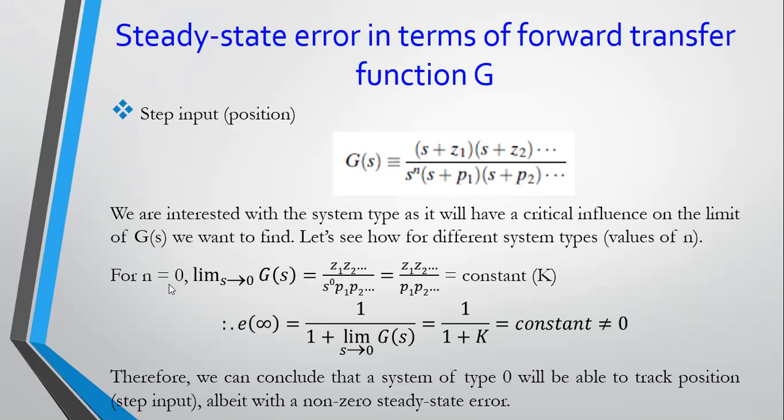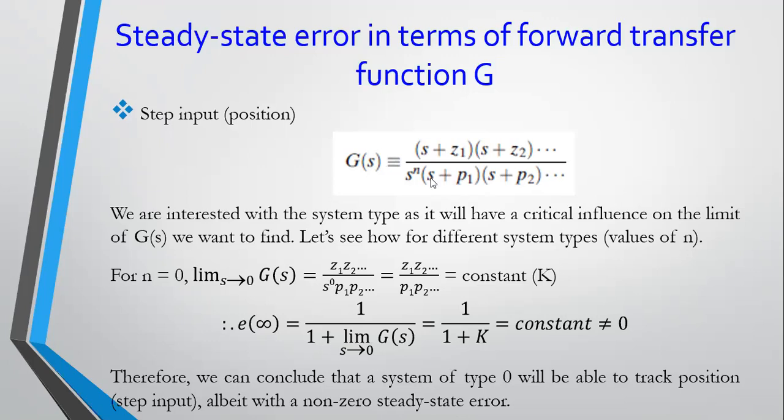So let's say you want to study the steady state error we'll get for a type 0 system, which means n is 0. So we're replacing here n by 0. So we want to find the limit as s tends to 0 of gs. Now we've seen in the previous slide, if you replace s by 0 here, you get z1, z2 in the numerator. In the denominator, since it's a type 0 system, we get s power 0.